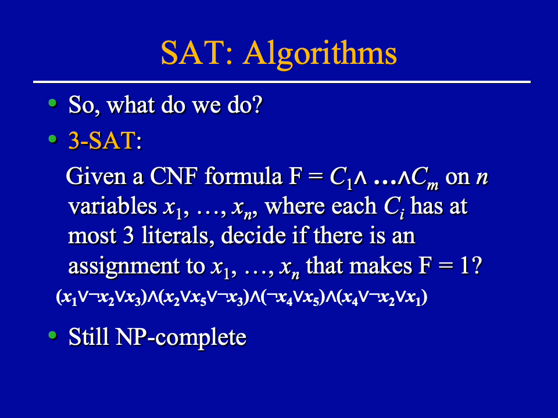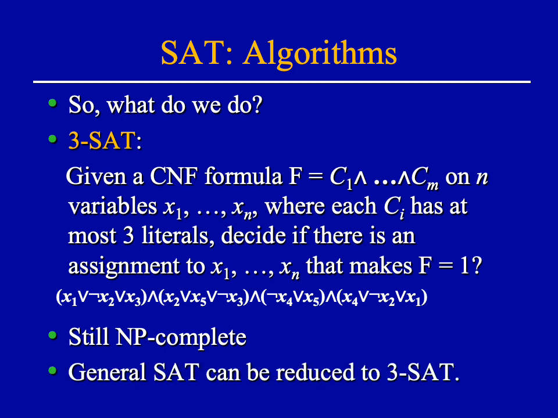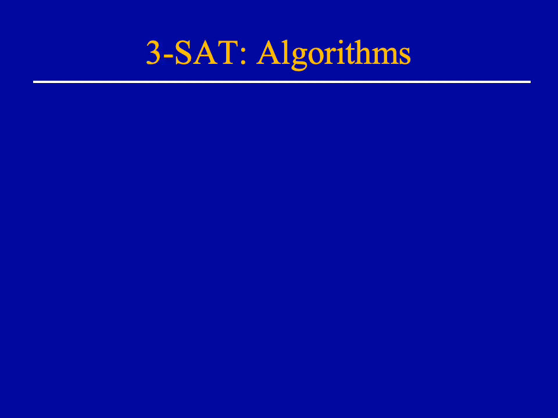And why do we study this problem? Number 1, 3-SAT by itself is still NP-complete, i.e. it's still difficult. Number 2, the general SAT problem can be reduced to the 3-SAT problem. That means that if you can solve the 3-SAT problem efficiently, then you can also solve the general SAT problem efficiently. You might ask why 3-SAT?